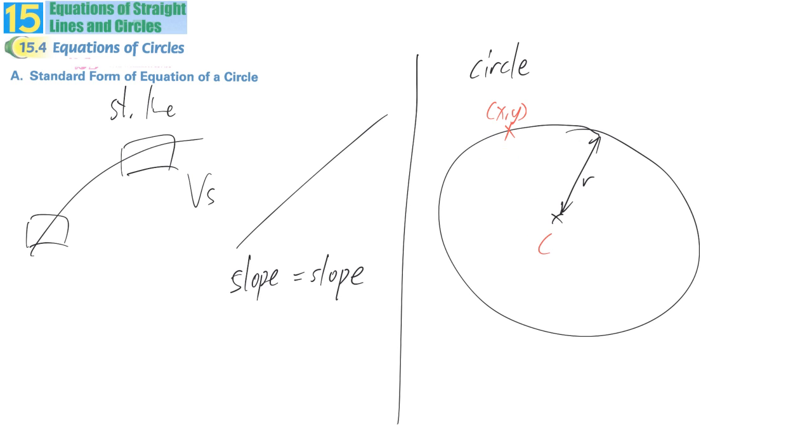The center, for example, let's say this is (1, 3). And then our radius, I let it be 2 this time.